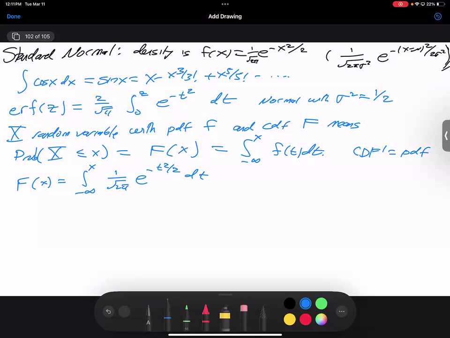You can see now why they may not want to use the standard normal. Because what's your first thought when you see this integral? What do you want to do to the exponential? Substitute? So what should we substitute for the exponential?